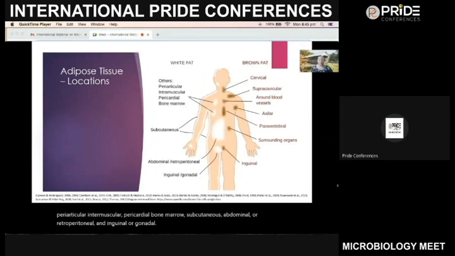Beige adipose tissue is found in those locations as white adipose tissue is converted to beige. Brown adipose tissue is continually seen in the cervical spine area, the supraclavicular region, around blood vessels, in the axillary area, paravertebral, inguinal, and surrounding organs.